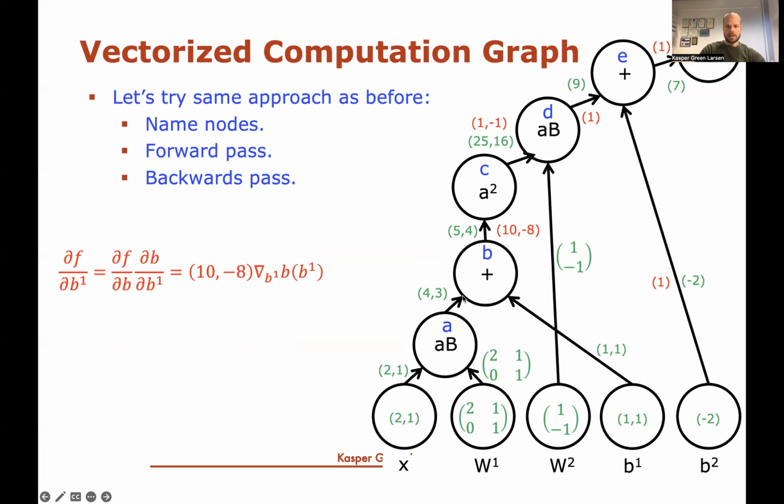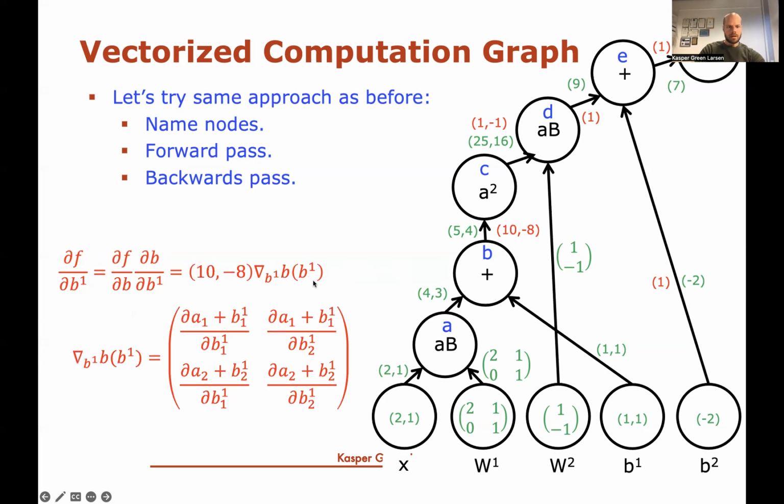So here we have a sum operation. So chain rule again, partial derivative of f with respect to b. And now let's do it with respect to b1 out here. So now the partial derivative of b as a function of b1. What do we have here? Like, so b now, if we think about it, it's a function that has two outputs. And as a function of b1, it also has two inputs, the two input values in b1.